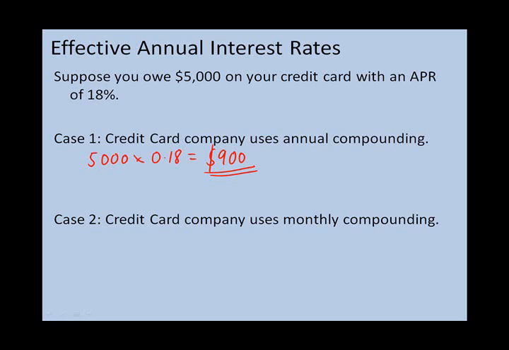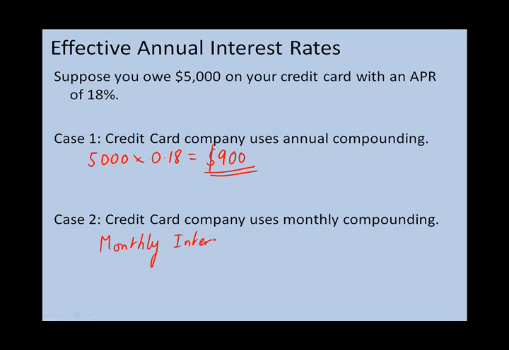Now suppose instead the credit card company uses monthly compounding. This is what we see in reality. Well, how much do we owe by the end of the year in interest? The first thing we have to do is calculate the monthly interest rate. We've been given the annual percentage rate, the APR, and that's 18%.